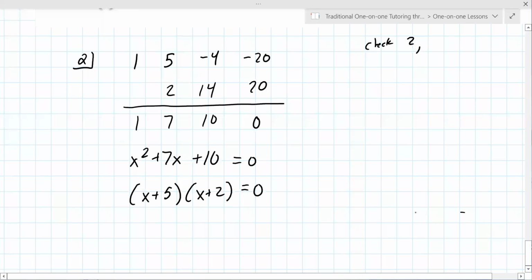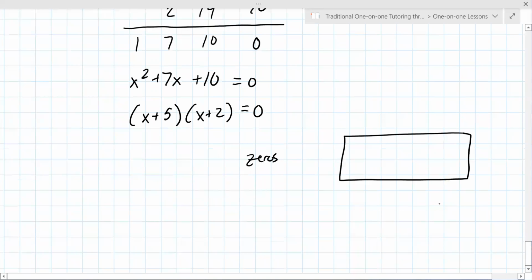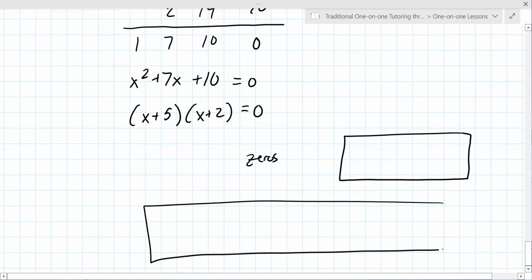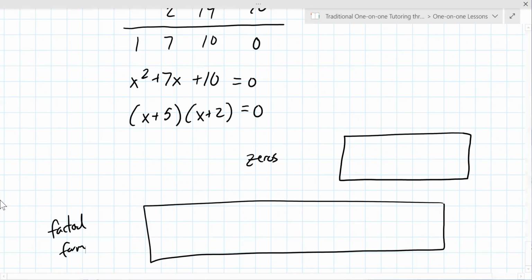So this is important. There's 2 things you have to be able to tell me now: the zeros of this, and then the final factored form. So the zeros would be 2 and then 5 and 2.